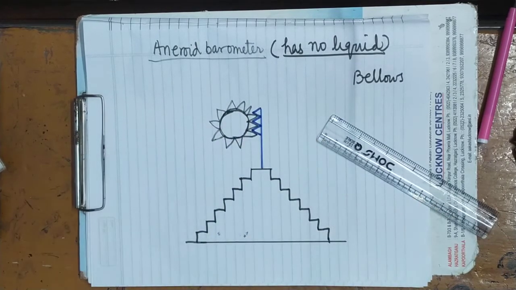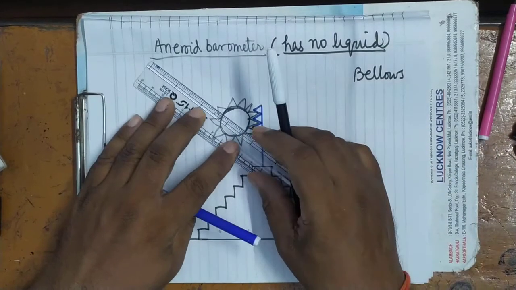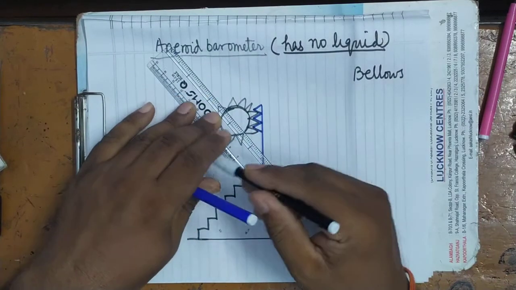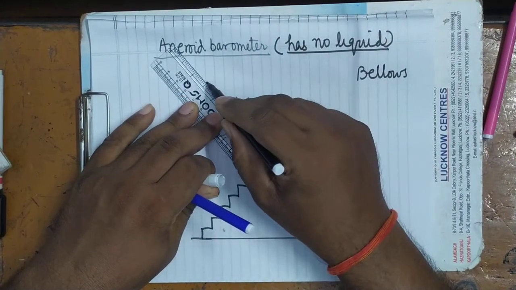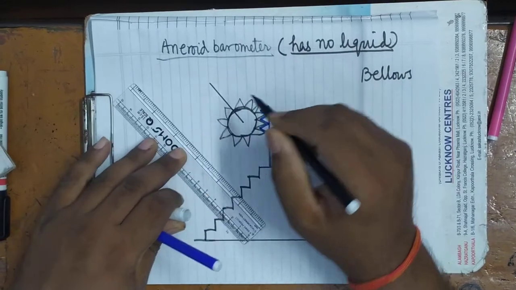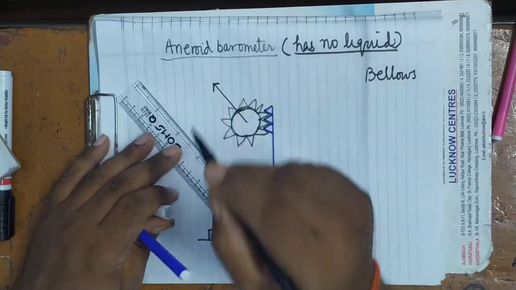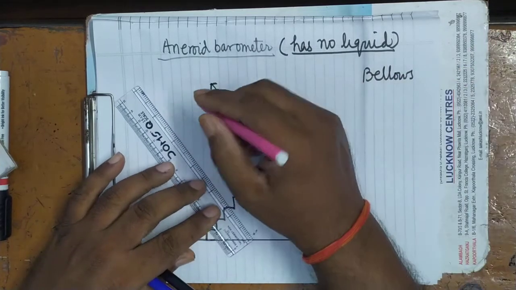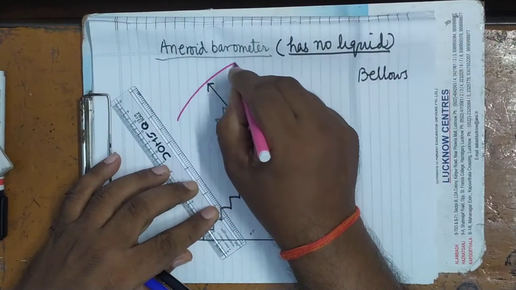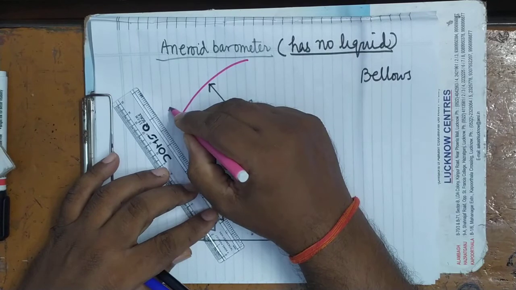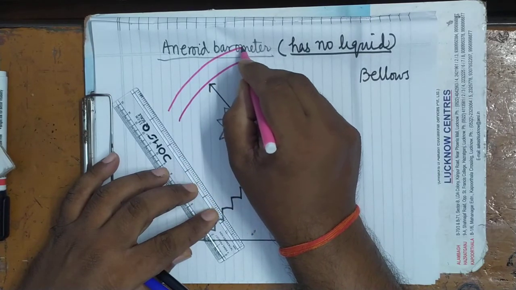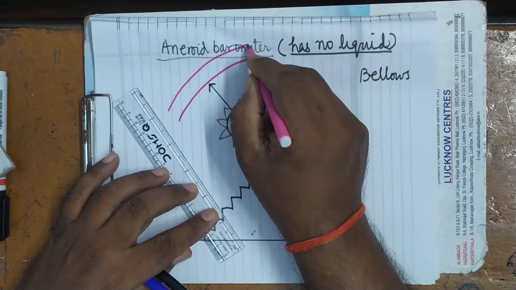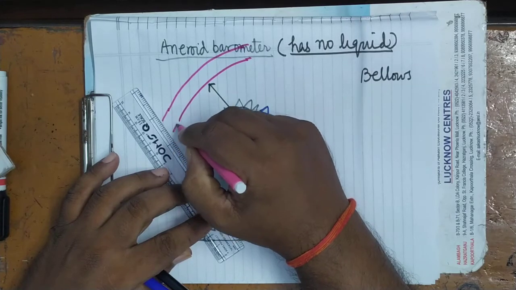Now there is a pointer which is attached to the center of this circular wheel, and this pointer moves over a semicircular scale which is graduated in terms of the length of the mercury column.